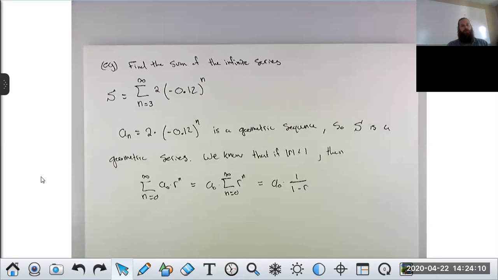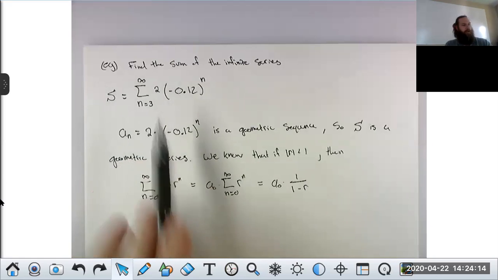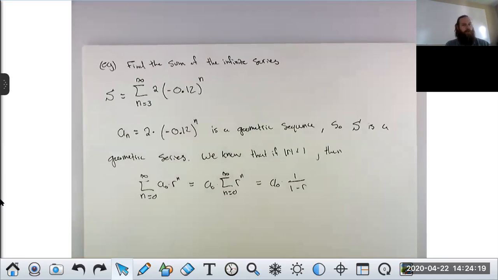But I can't apply this formula directly to this problem, because in my formula, n starts at 0. Up here, n starts at 3.